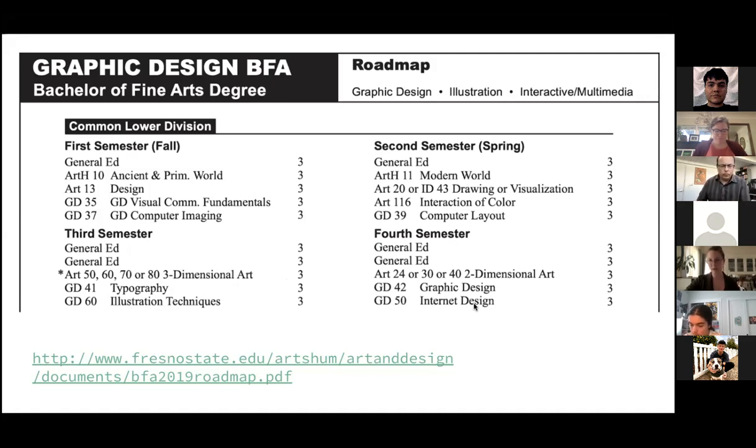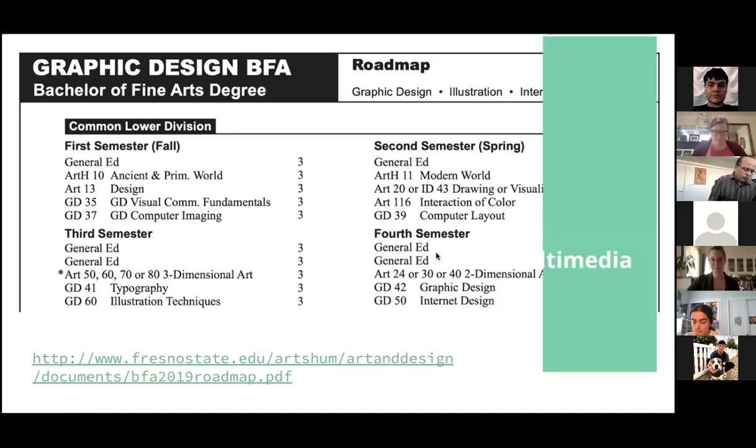You can still apply for the illustration track and you'll just take GD50 later. So if you're missing 1 or 2 classes, it's not the end of the world. We can work through that. But the goal is that you've taken all of the lower division. If you're missing more than 2 classes, you might need to wait another year, but talk to one of us and we can look at it, okay?